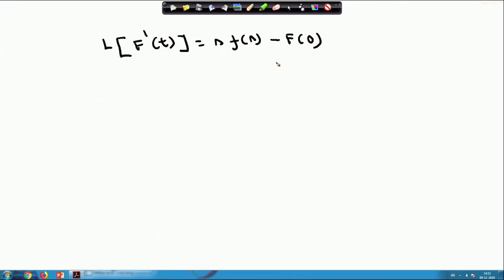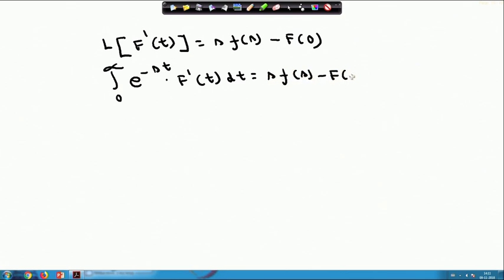We know it well, and this I can write down as integral 0 to infinity e power minus s t into f dash t dt. This is equals to s f s minus f 0. This left hand side I am writing from the definition of Laplace transform.